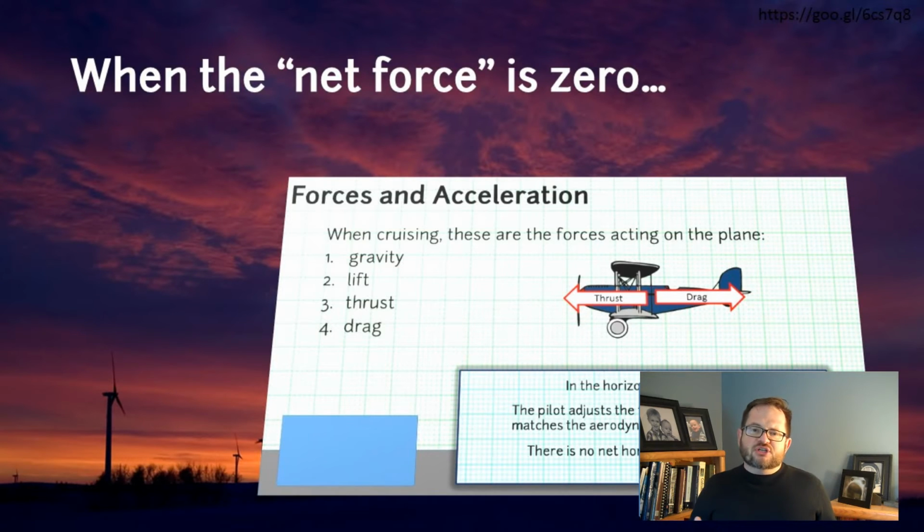You might remember the airplane, on a slide I've borrowed from the last module: when the plane was cruising, the thrust pushing the plane forward was equal to the drag slowing the plane down. Since the force forward was equal to the force backward, there was no net acceleration on this airplane, so its velocity was not changing.